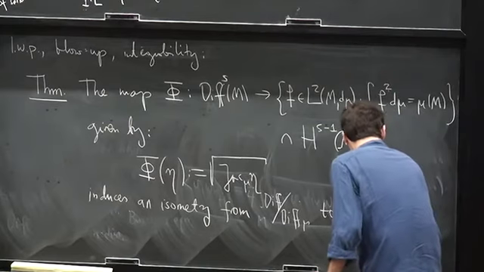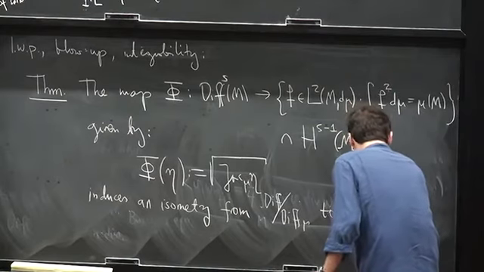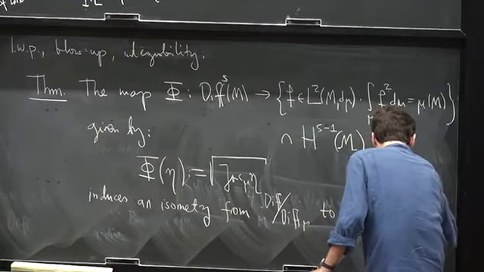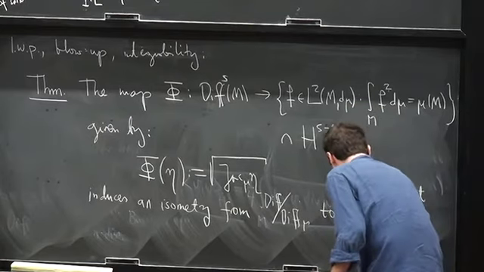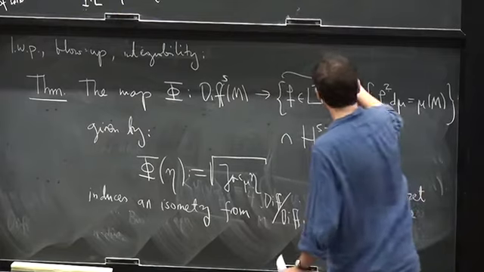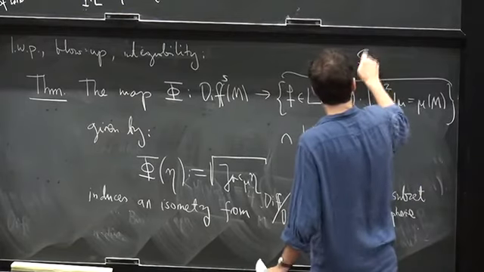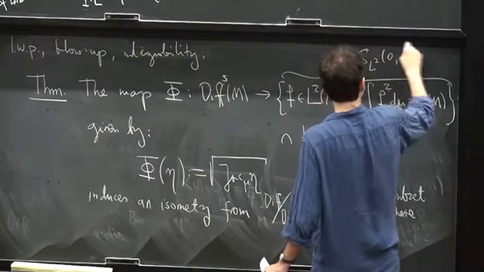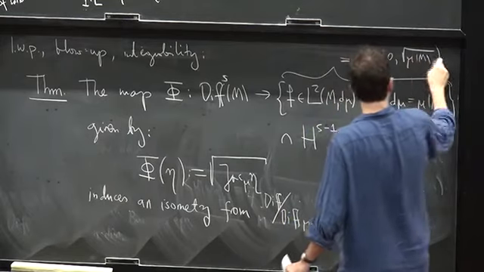So an open subset of the sphere S, that's really this sphere right here, S_{L2}(0, √μ(M)), that's the radius.